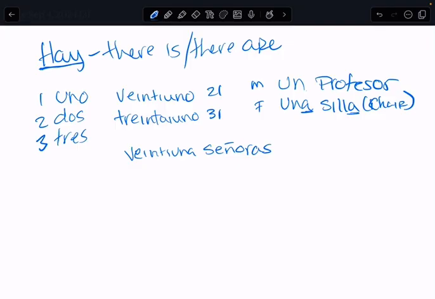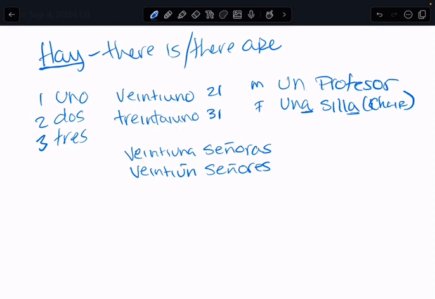If I have 21 men, you would say 21 señores. Okay? So then you keep on going, and you can definitely practice with the book, and it will give you more details and more examples.